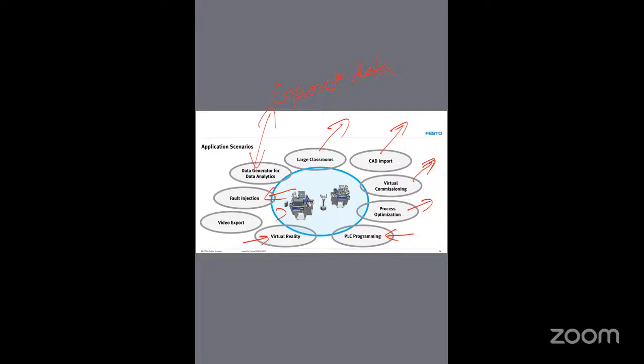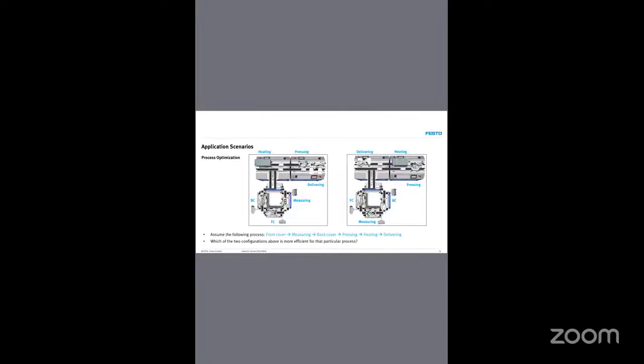These are the different application scenarios related to Ciros. Then process optimization. Here it is showing two different layouts, right? The process will be front cover, then measuring, then back cover, pressing, heating, delivering, right?